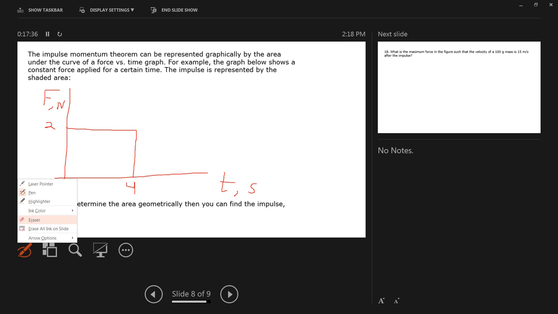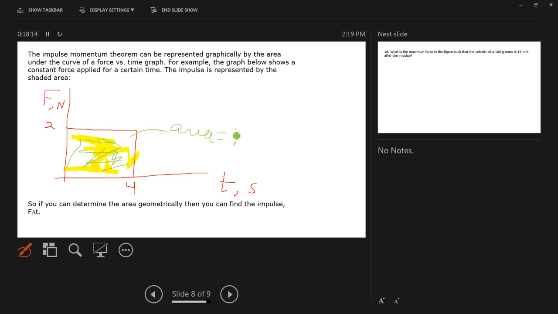Well, then the region underneath that graph, if we shade that in, that represents the area, which equals the force F times delta T, right?